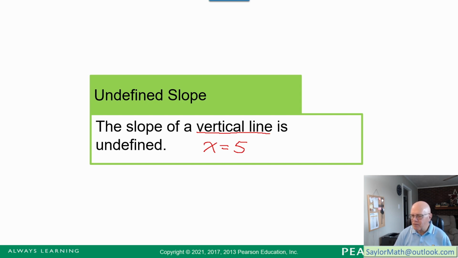Vertical lines have undefined slope, and their equation is x equals some number. Keep those 3 together so that if you see x equals, let's say 15, you know immediately that the slope is undefined and it's a vertical line. It makes things much faster, and it also puts together those concepts that are supposed to be together.